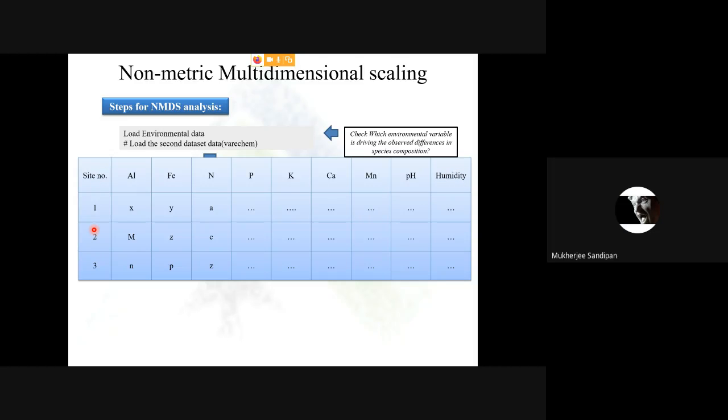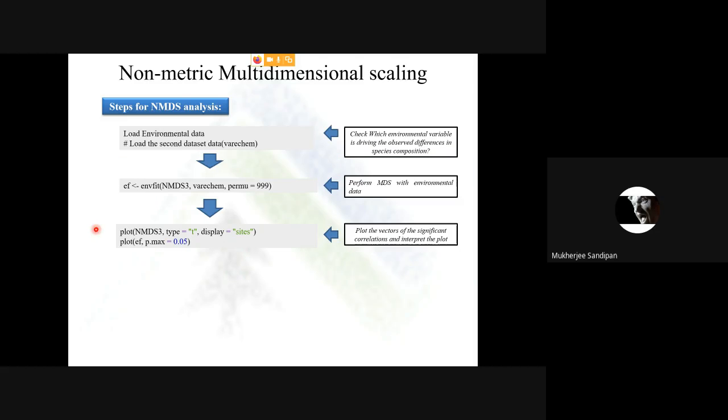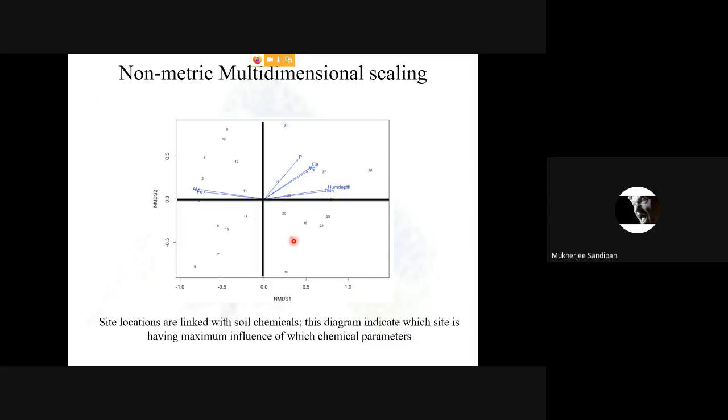Once you have all these environmental parameters with you, you use the envfit function in R. Using this envfit function, you can calculate NMDS, and then finally you can plot the environmental parameters. And once you plot them, you can again come up with a similarity assessment, showing which site has similarity with which environmental parameters.